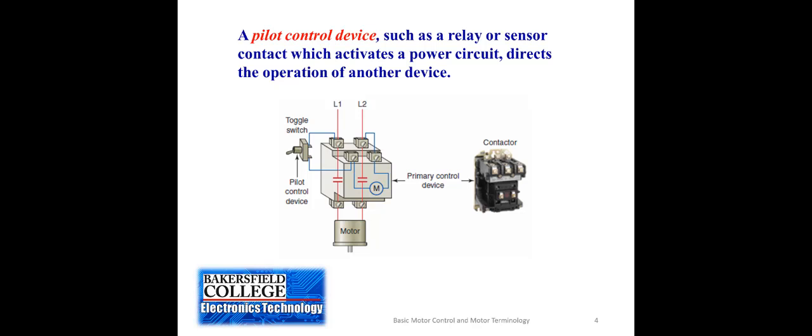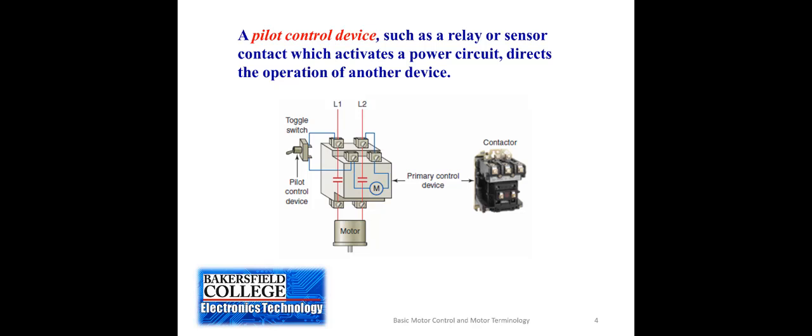Now, a pilot control device is some type of switch or sensor, or it could be a control relay or something that closes the connection between the electricity and the motor coil, or actually the motor starter coil, to control the primary control device. Or it could be something like a switch that's connected to a variable frequency drive as the primary control device.